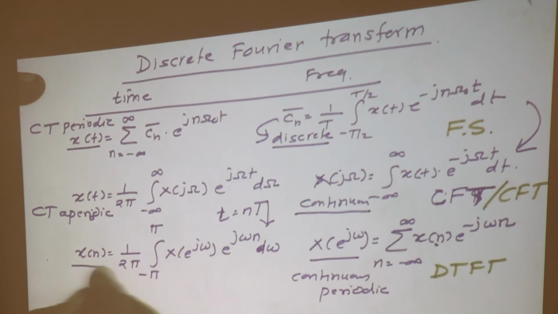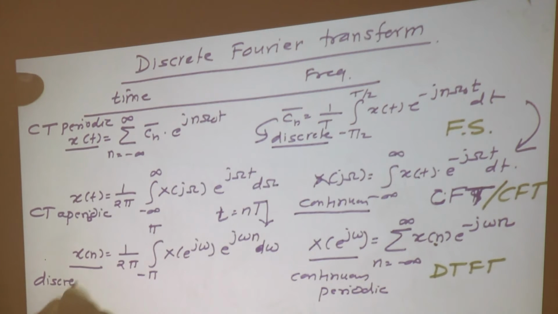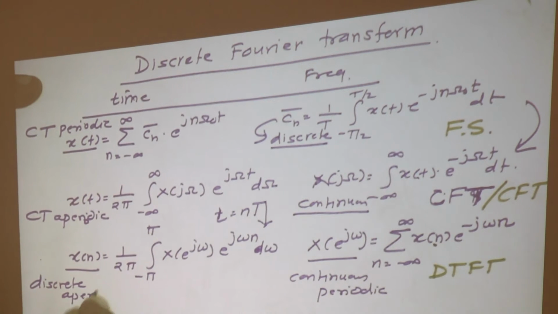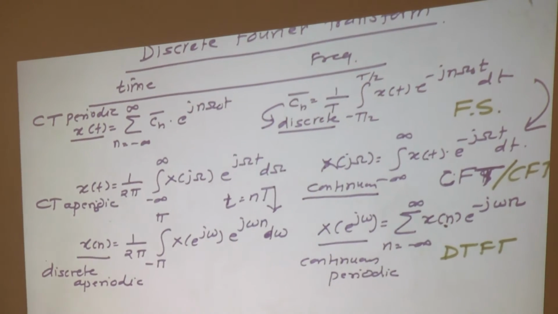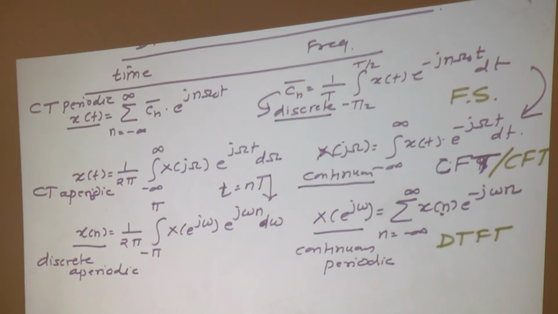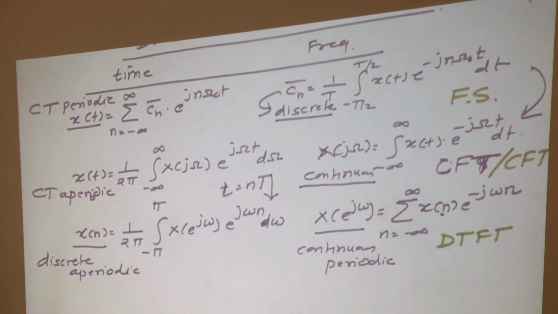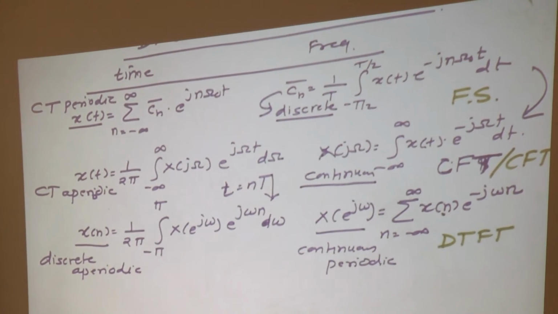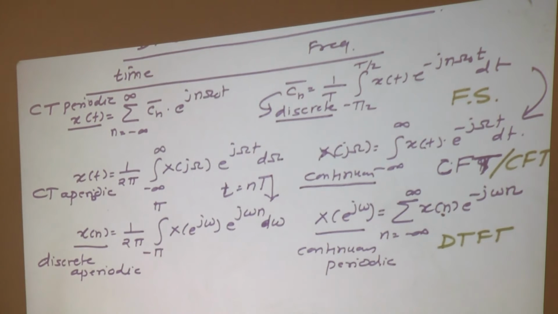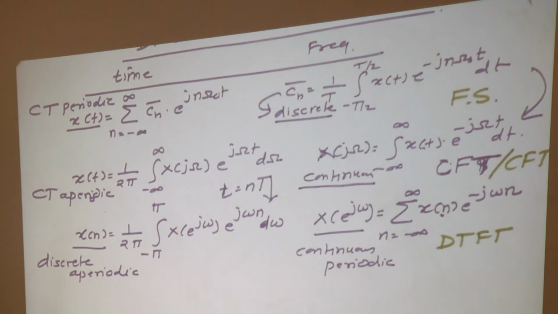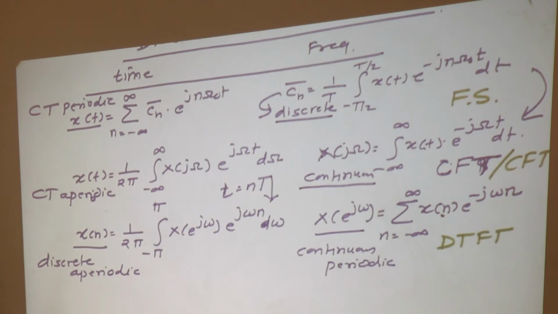What about x(n)? x(n) is discrete and aperiodic. This is what we have seen so far.